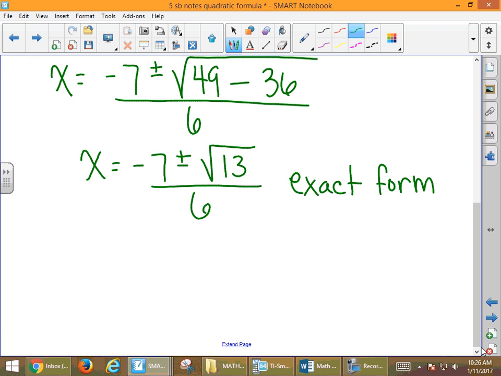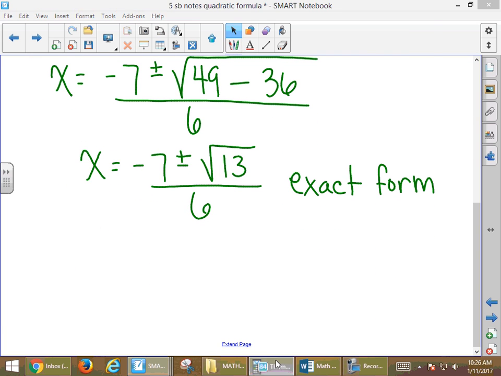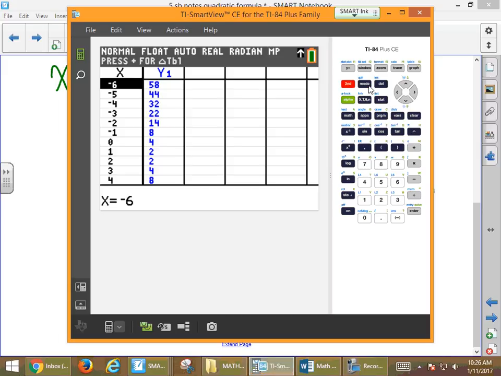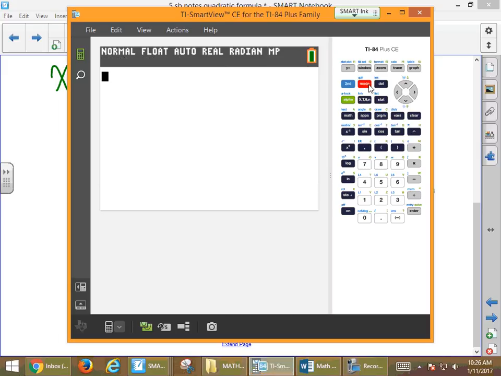And what we do to come up with the decimal here is we can go back to our screen here. We can type it in. If you have a fraction button, use it. So put parentheses around the entire top part. And you know, you're good with your calculator here.